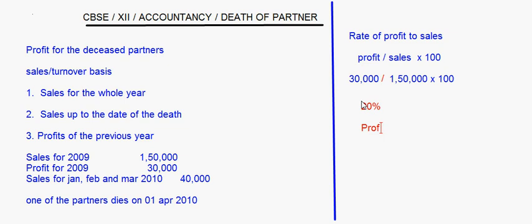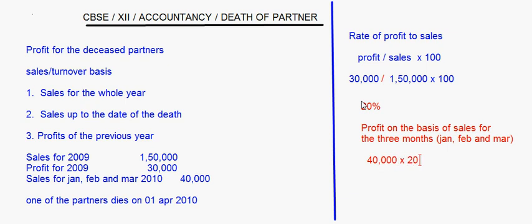Now profit on the basis of sales for the 3 months, that is January, February and March, right? So that sales is given as 40,000. So 40,000 into 20% comes to 8,000.